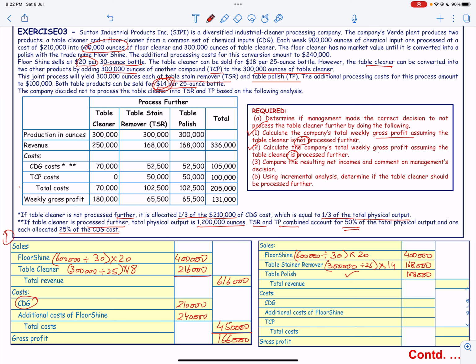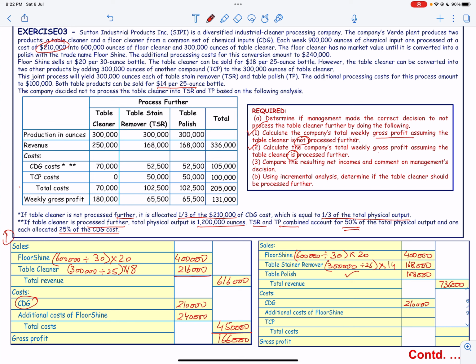So this gives us the total revenue of 736,000. Then we look at the cost. The cost will be the same as it was before with some addition. First of all, there is a cost of 210,000.